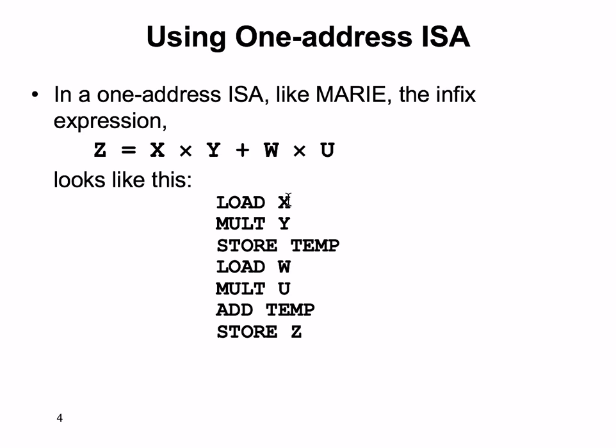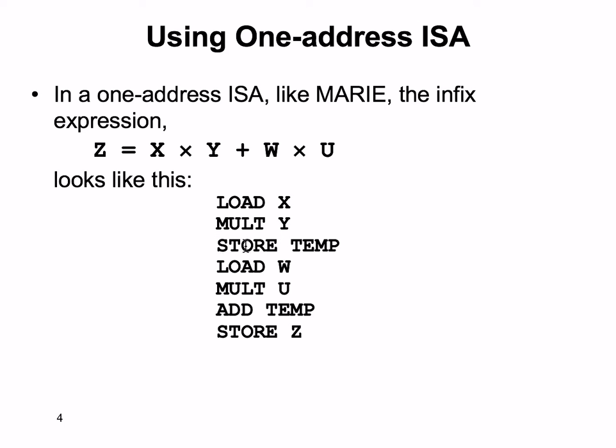This says to load the value of the variable x into the register, that's the AC, the accumulator, and then we do multiply y. It means we multiply the value of variable y with the value in the accumulator, and then the result is stored back into the accumulator.